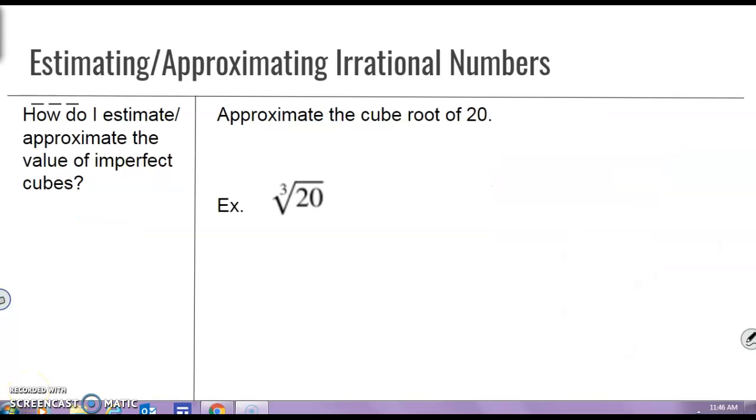We can approximate the cube root of 20 just like we approximated the square root of 20. We're going to begin by finding 2 perfect cubes close to 20.